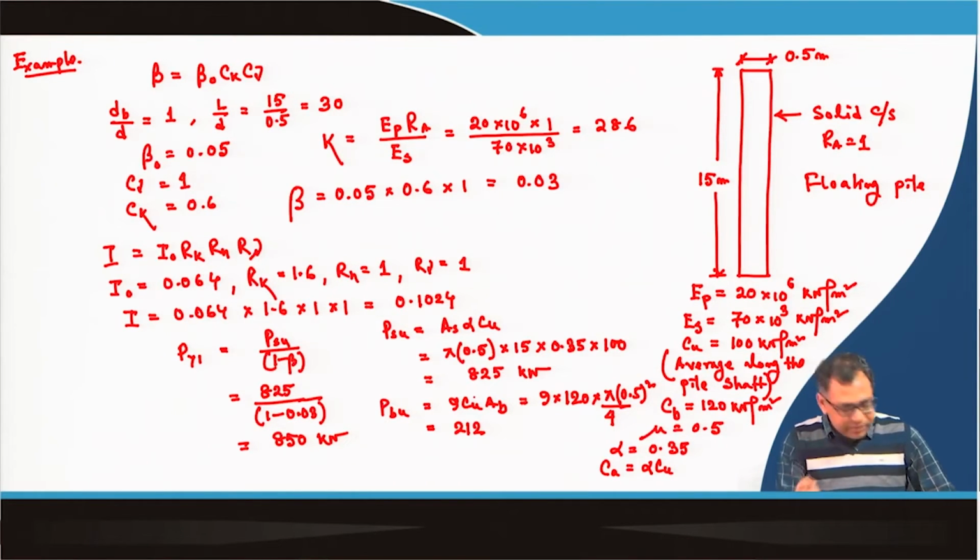So, when the friction resistance is fully mobilized, at that time also there will be some tip resistance, and that tip resistance here is 25 kilonewton. 825 is friction resistance, total is 850 kilonewton. Now we will calculate the deformation at this load, when the friction resistance is fully mobilized.